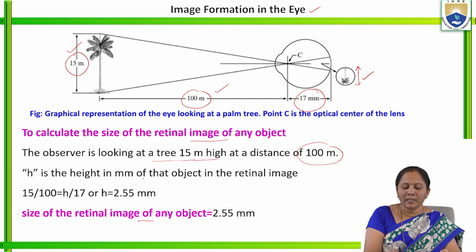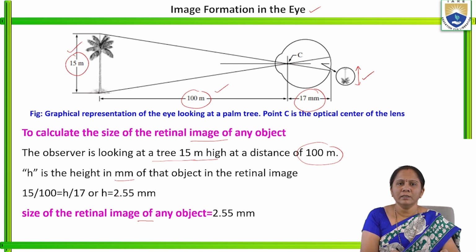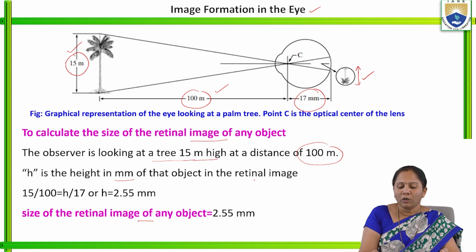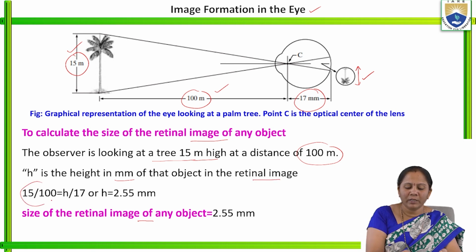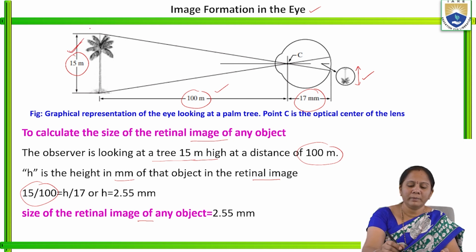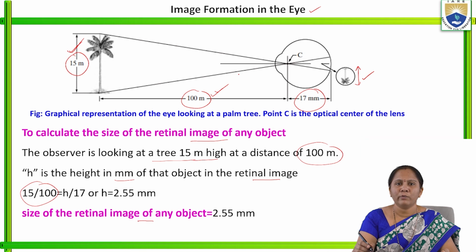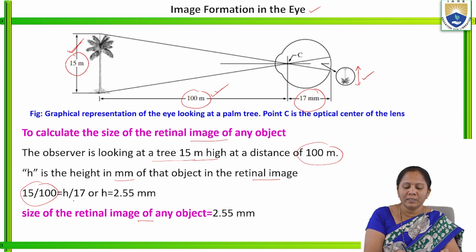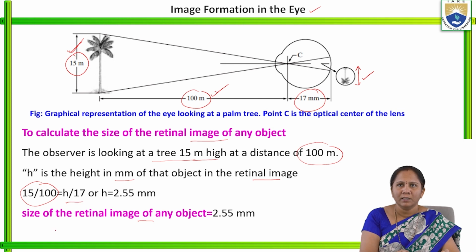Here H is measured in millimeters and that should be calculated. So the retinal image can be calculated as 15 by 100. So 15 by 100 is the height of the palm tree and the distance from the center of the lens to the palm tree. So 15 by 100 is equal to H by 17.